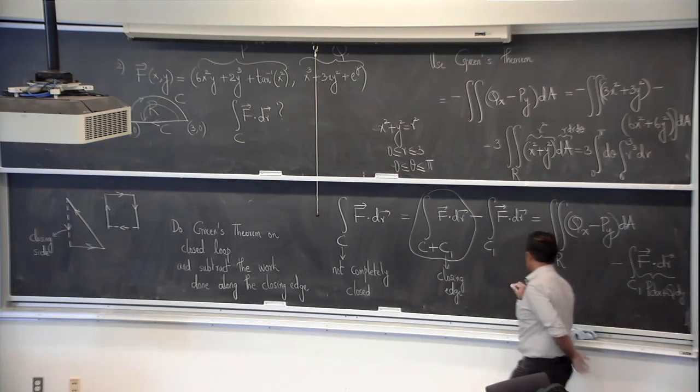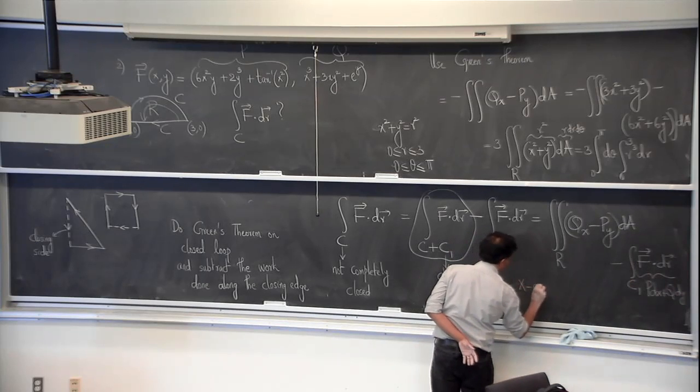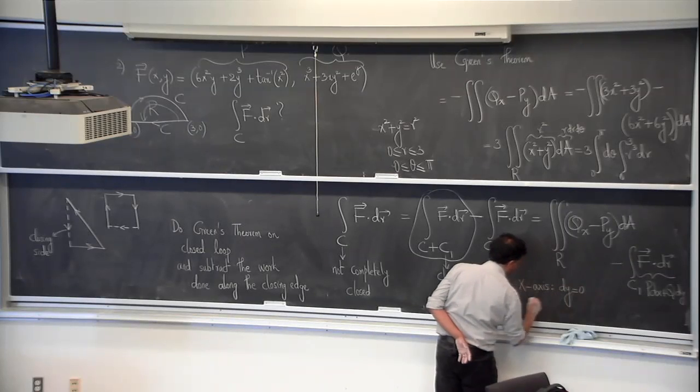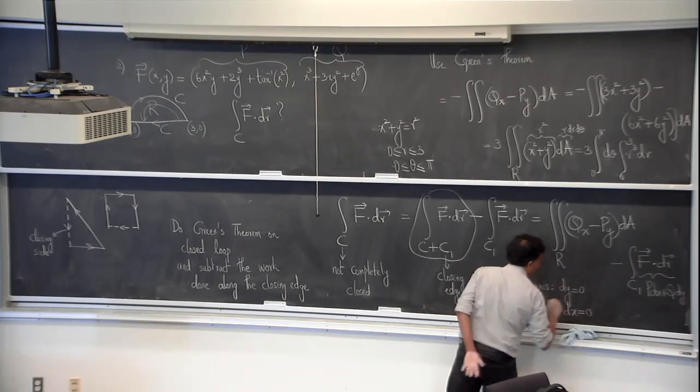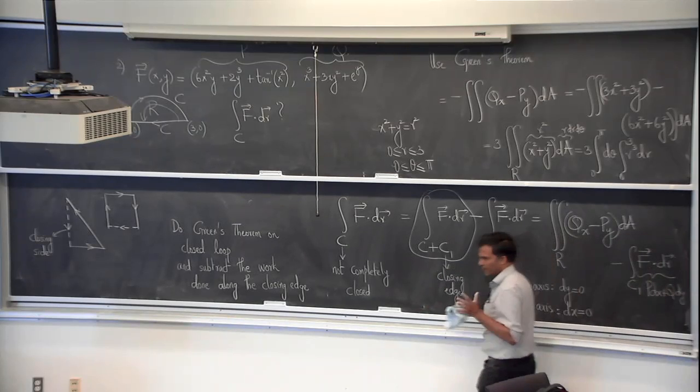So if it is along the x-axis, then dy is 0, and along the y-axis, then dx is 0. That is why we are very clever in picking our closing edge. We keep it on the axis, so only one of these terms will be active. So the integral is now pretty straightforward to compute.